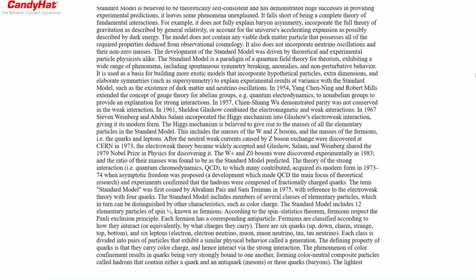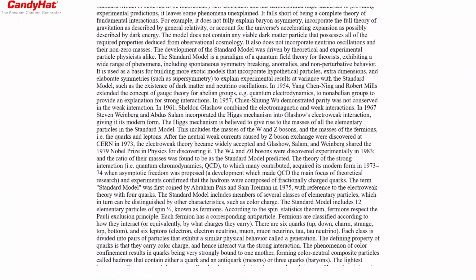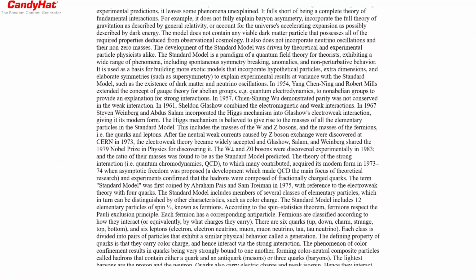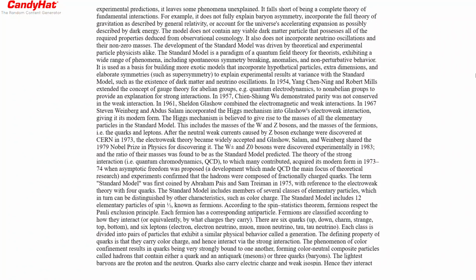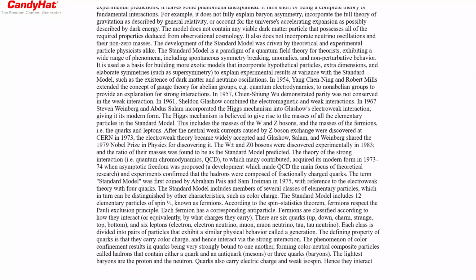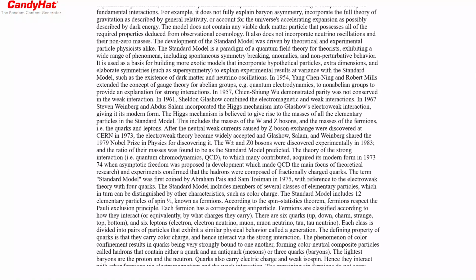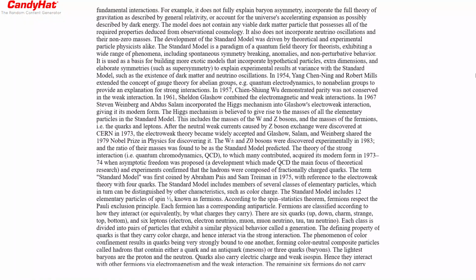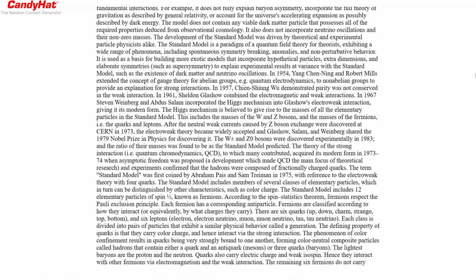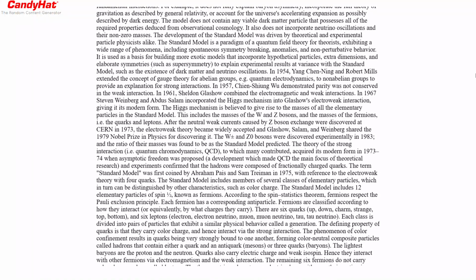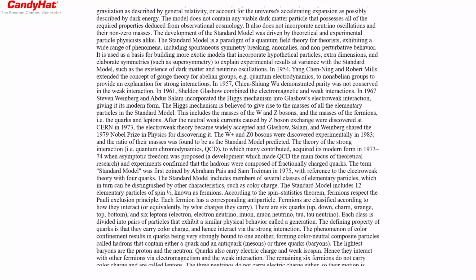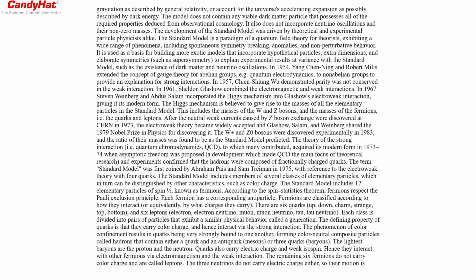Each fermion has a corresponding antiparticle. Fermions are classified according to how they interact, or equivalently, by what charges they carry. There are 6 quarks: up, down, charm, strange, top, bottom, and 6 leptons: electron, electron neutrino, muon, muon neutrino, tau, tau neutrino.